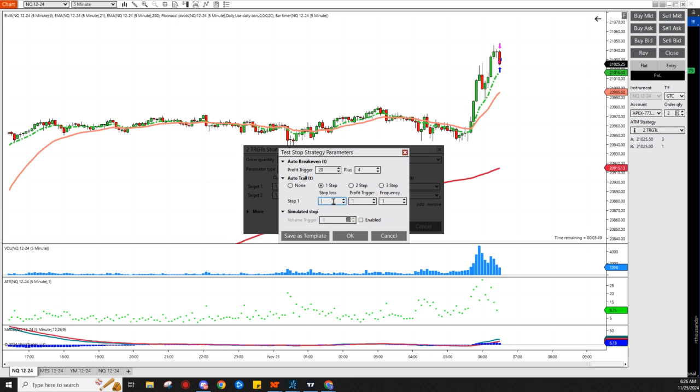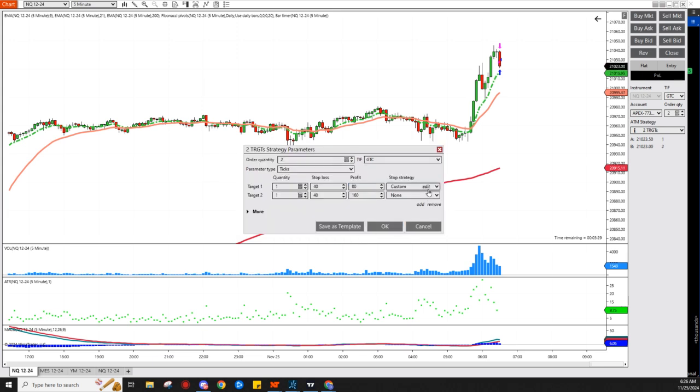Trailing stop loss will be 20. Actually, 20, so this one would be 30. I believe I did it right. I don't remember if I did it right now or not.